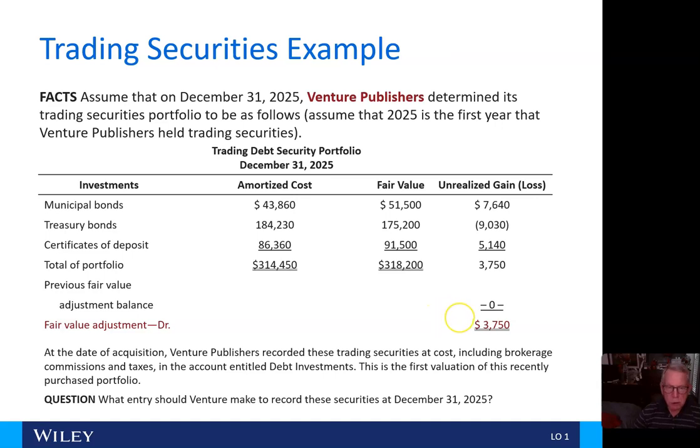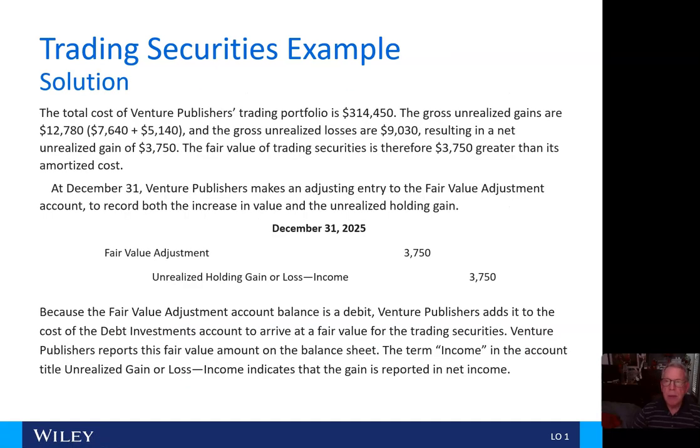Okay, so the question therefore is, what entries should Venture make to record these securities at December 31, 2025? And here's what we would do. The total cost of the Venture's trading portfolio is $314,450.